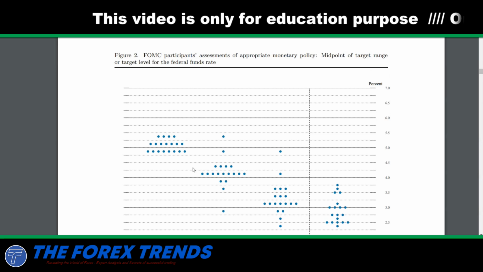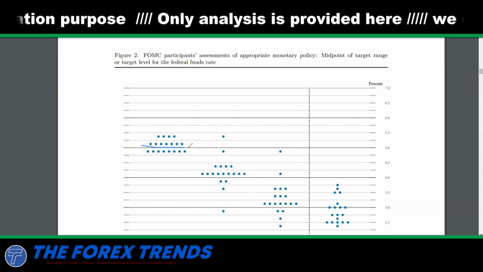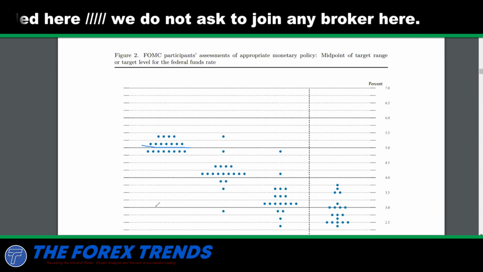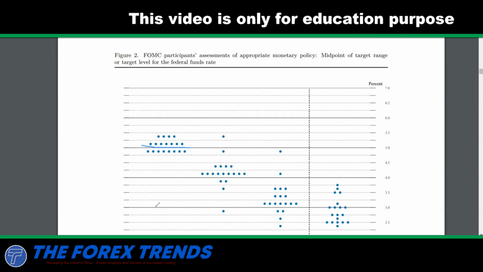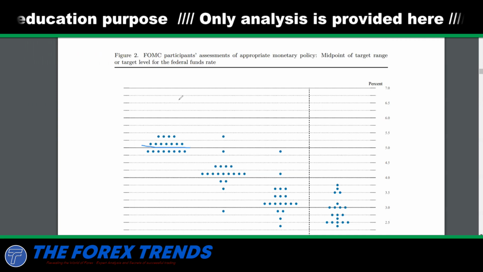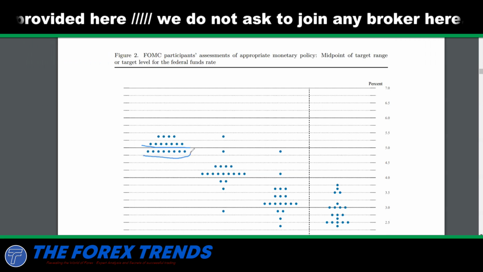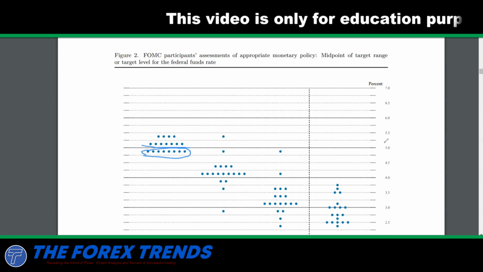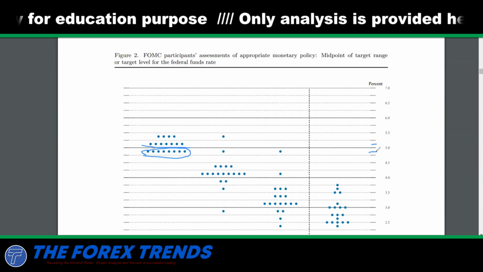Meanwhile, seven officials see one quarter point rate cut in 2024, that is 25 basis points, reflecting the median estimate. But eight officials see two cuts, that is, these officials are expecting two rate cuts, one at 5.1% and another at 4.9%.